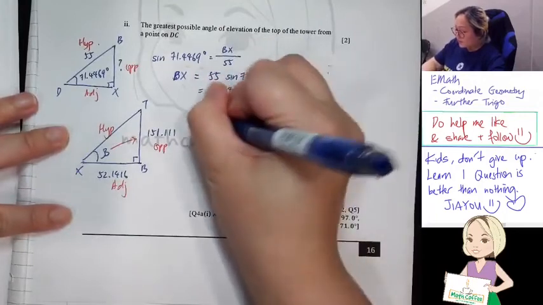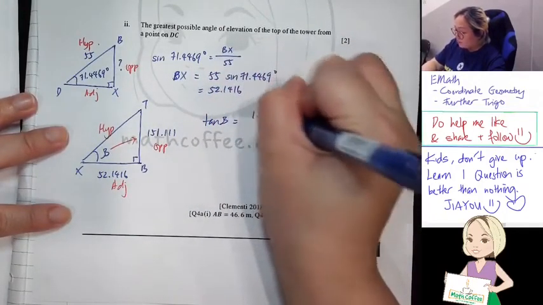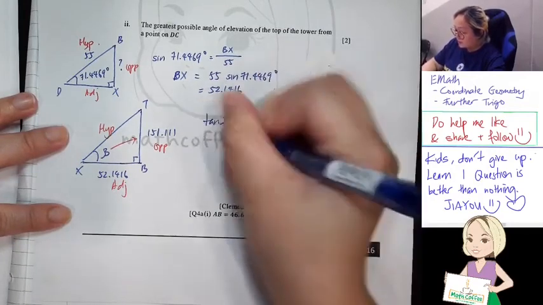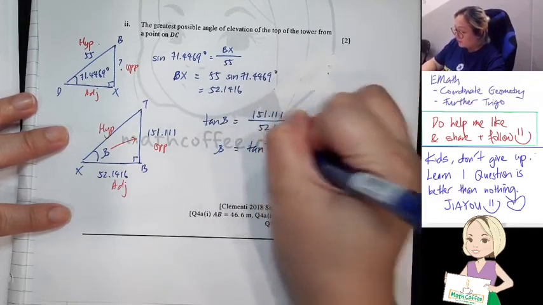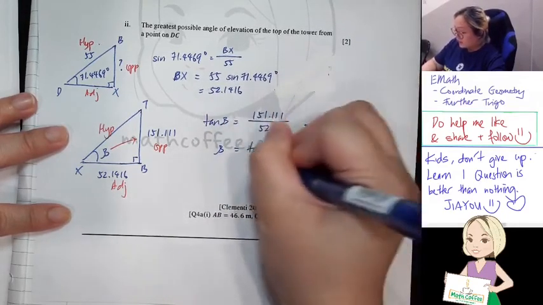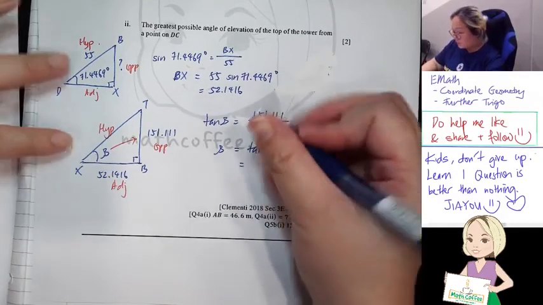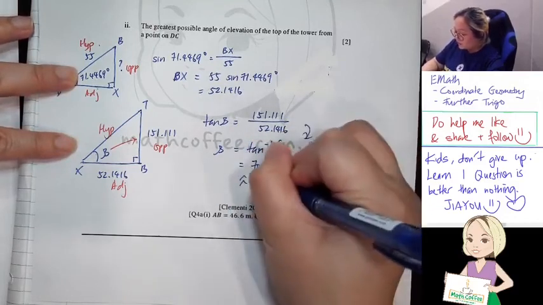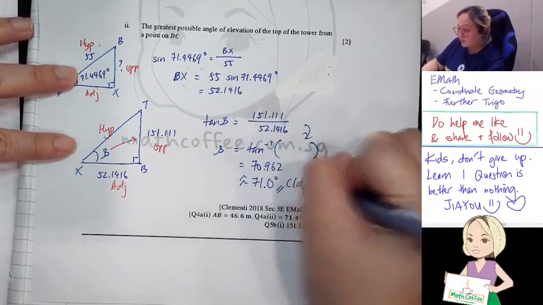So we will say tangent beta is equal to 151.111 over 52.1416. So the angle beta is tangent inverse. This one, throw it inside. You will get 70.962. Round it off to 1 dp, 71.0 degrees. 1 dp. Done.